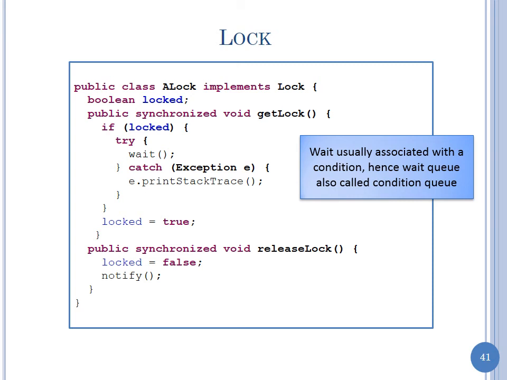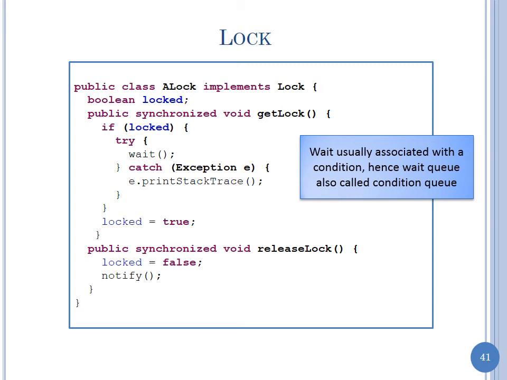If the waiter comes first, it finds it locked, it'll wait, and then when the release lock occurs, it'll set the lock to false and notify, and the waiter will find that the lock is false, so it'll proceed. Okay, so we have overcome the timing issue that Chris mentioned earlier.